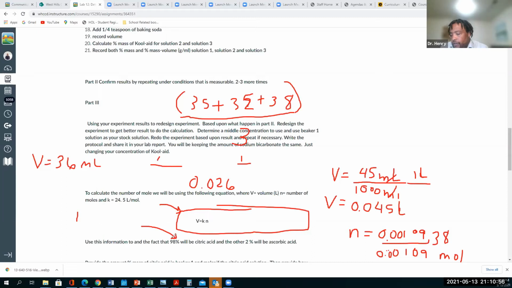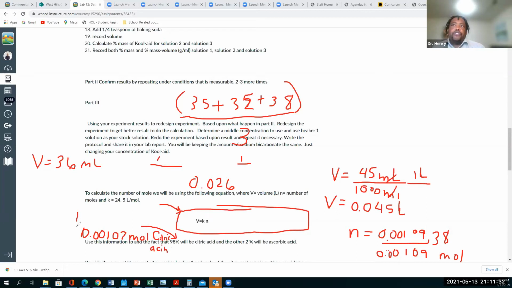So if you have 0.00109 times 0.98, you end up with 0.00106, or sorry, 107. And then that's moles of citric acid. Okay, so now we want to use this to calculate our molarity.